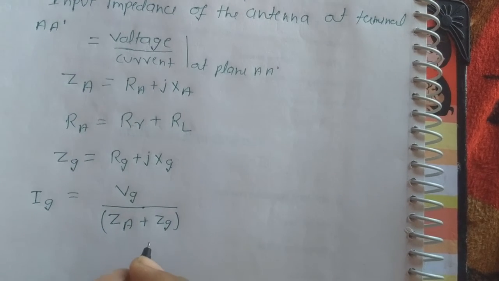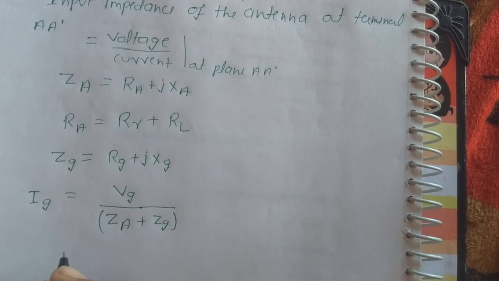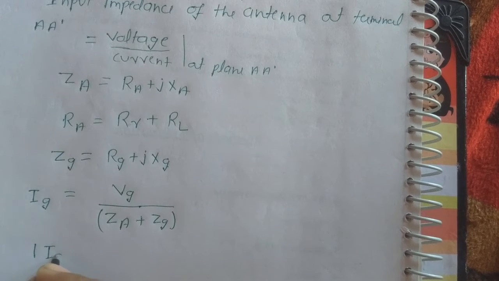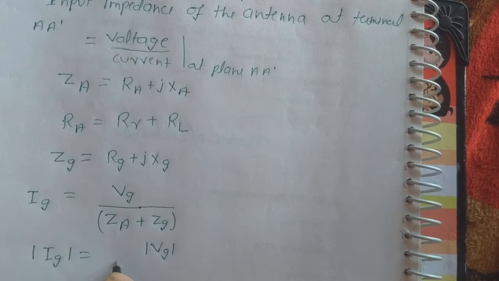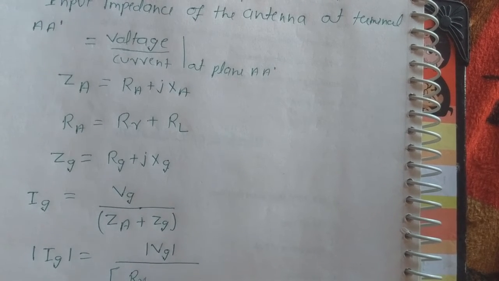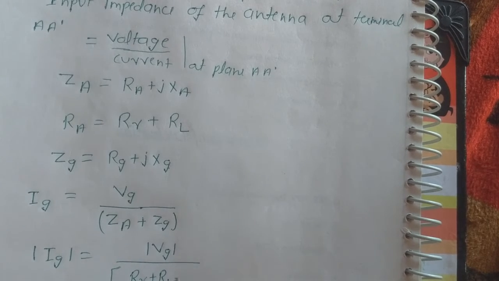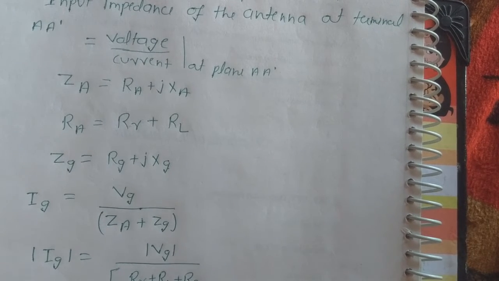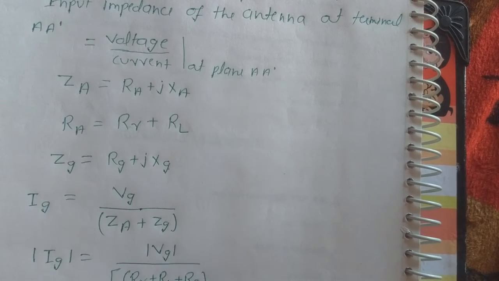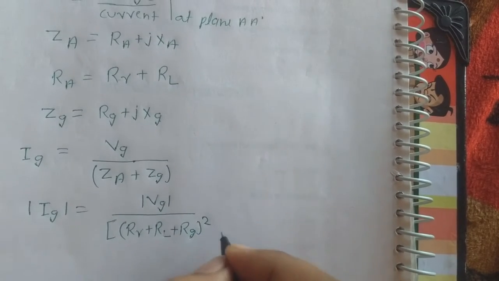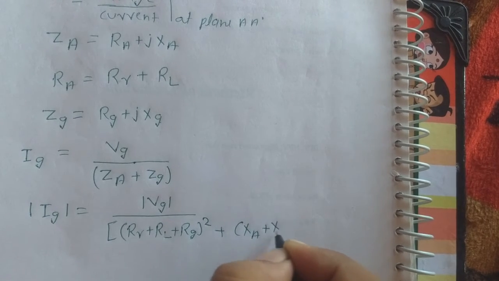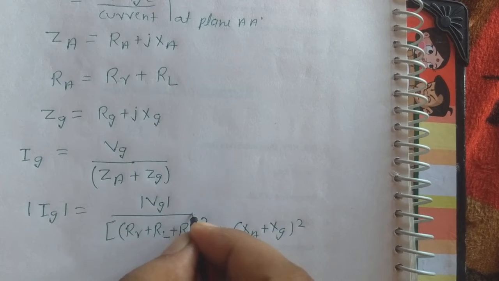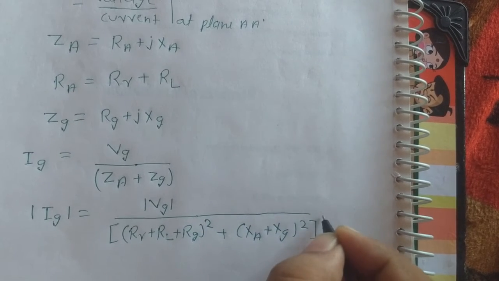This is the value of the current, and mod of Ig will be equal to mod of Vg divided by ((RR plus RL plus Rg) whole square plus (XA plus Xg) whole square) whole power half.